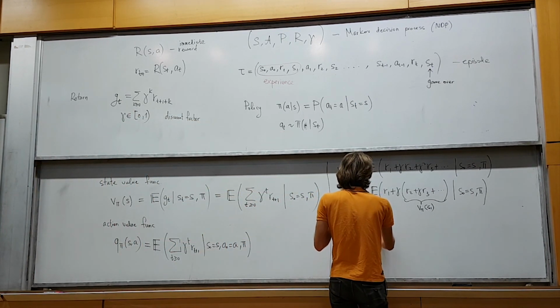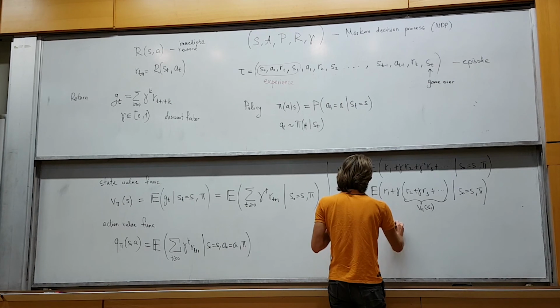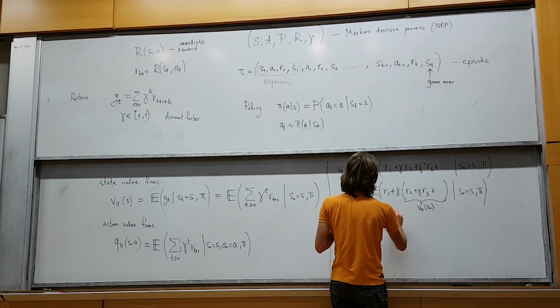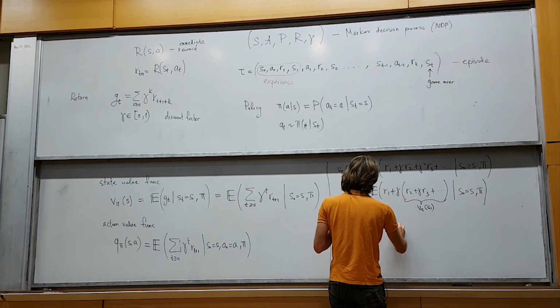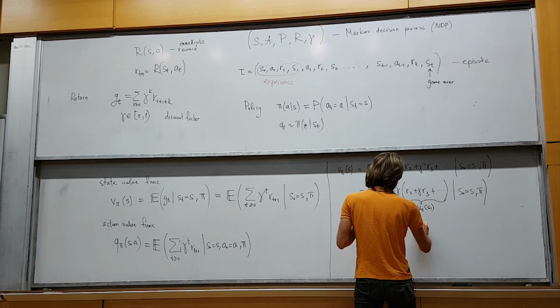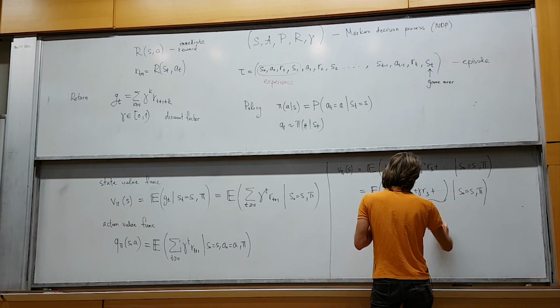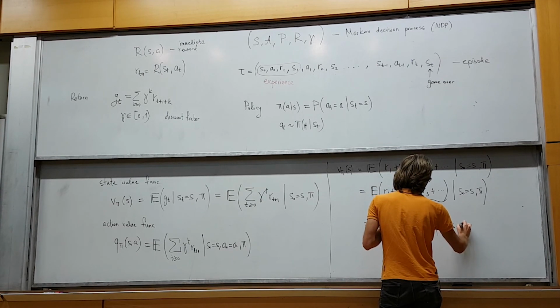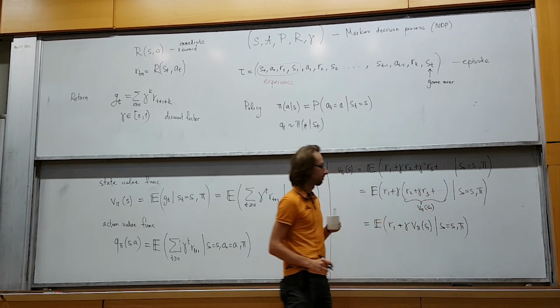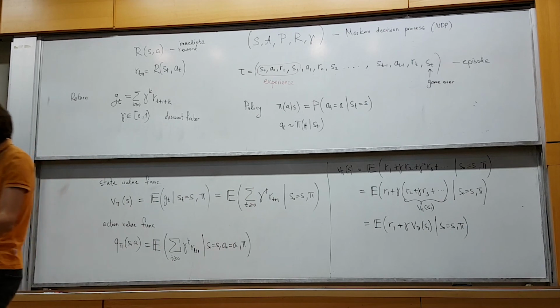So we'll write it as the expectation of R1 plus gamma V^pi(S1) given S_0 and pi. Okay? Question: I think without taking the expectation, it is only G_1, and after taking the expectation, it becomes V^pi at S1.